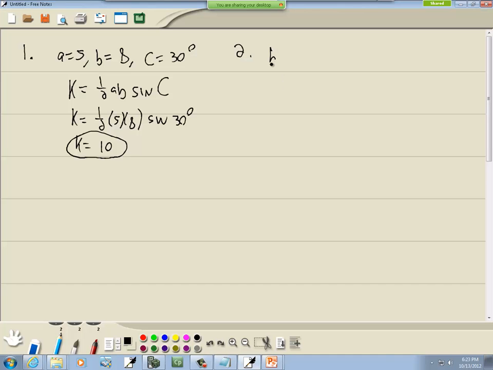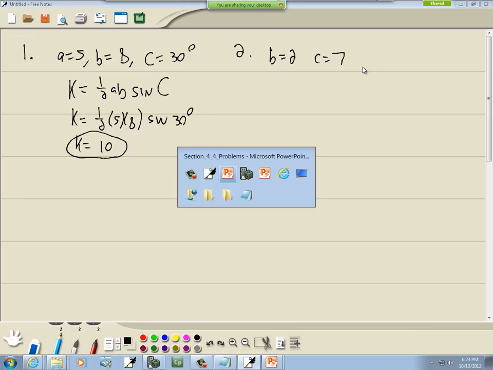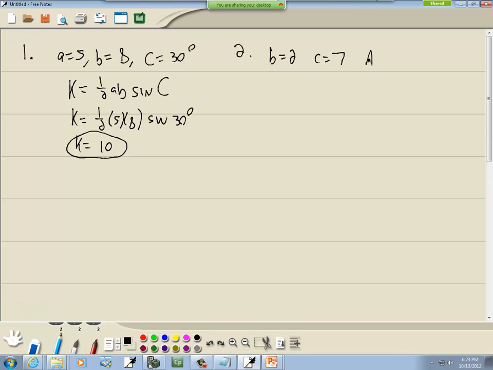Now, our second example. We've got B is equal to 2, C is 7, those are sides, and angle A is equal to 25 degrees. Now again, we know the two sides and then the angle that's between them. So we've got K is equal to 1/2 BC times sine A, one of our formulas. So 1/2 times 2 times 7 times sine of 25 degrees.